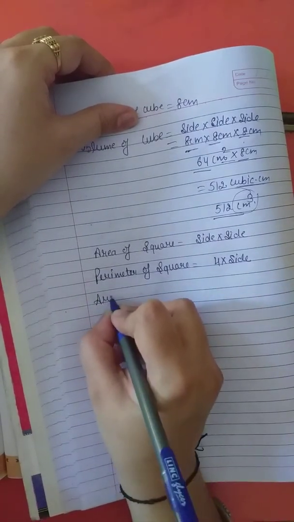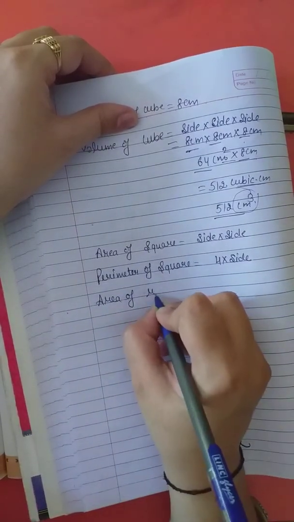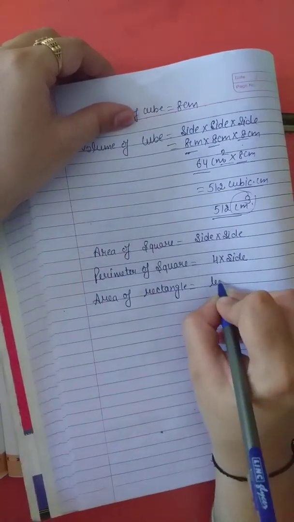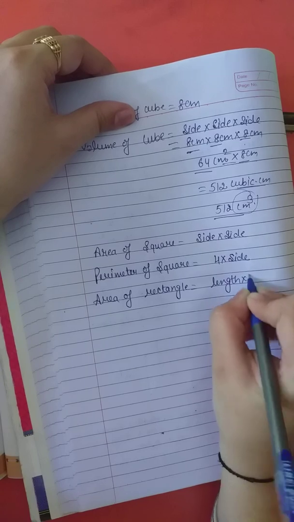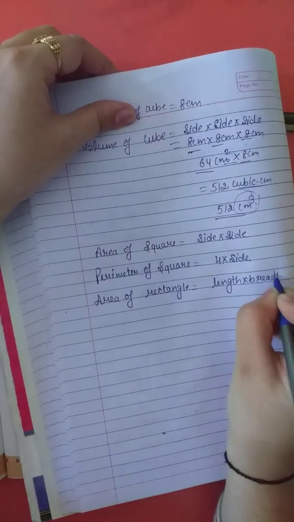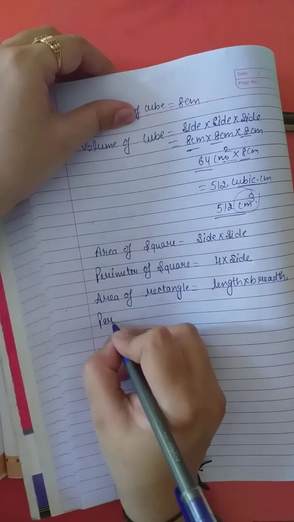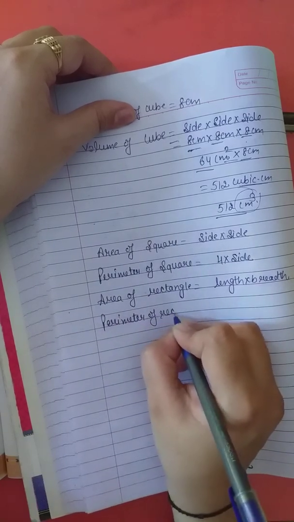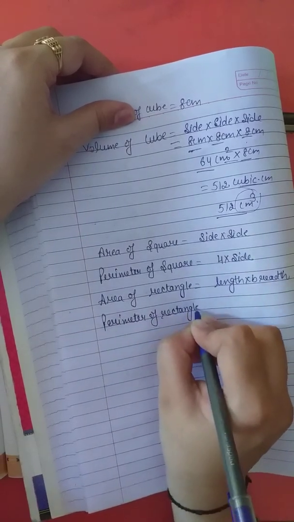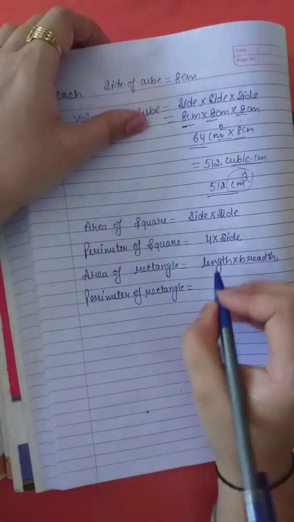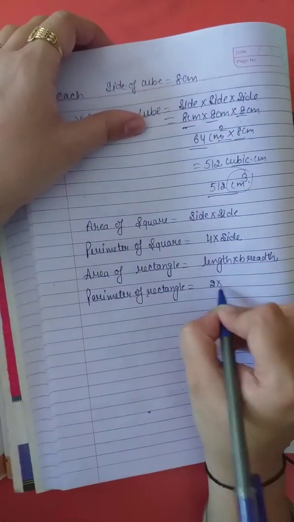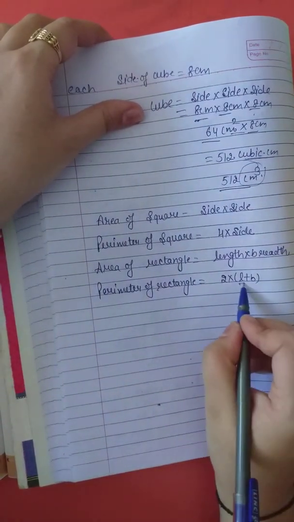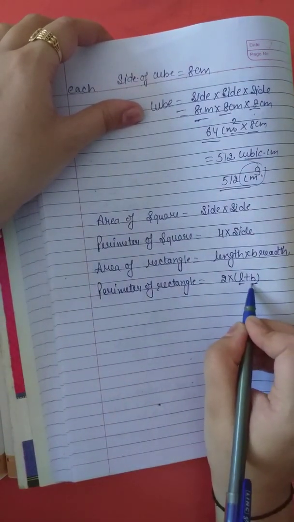Next one is area of rectangle, which is equal to length multiply breadth. And perimeter of rectangle is equal to 2 multiply length plus breadth. L denotes length and B denotes breadth.